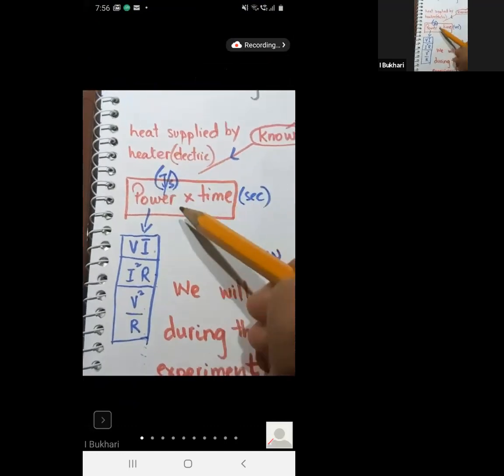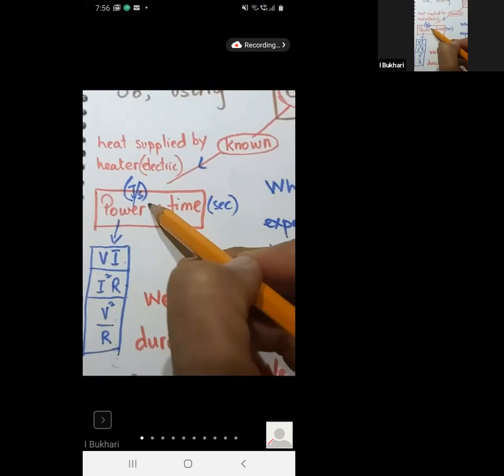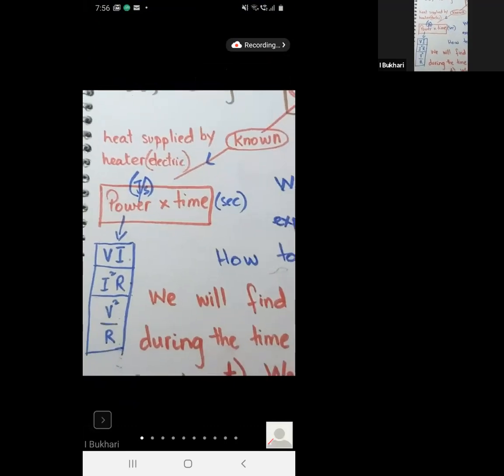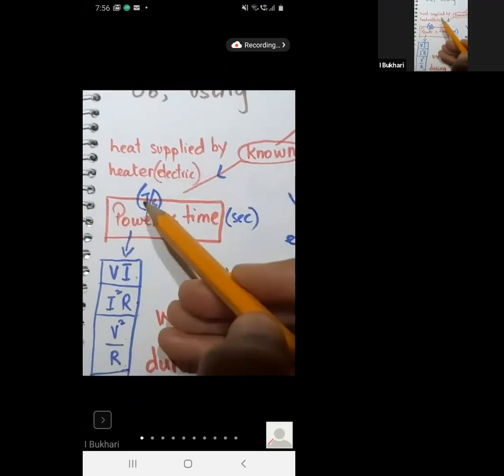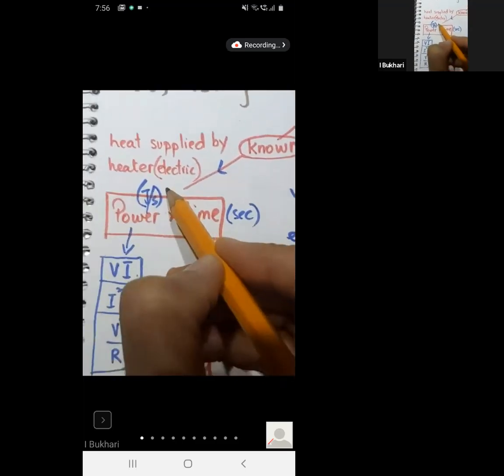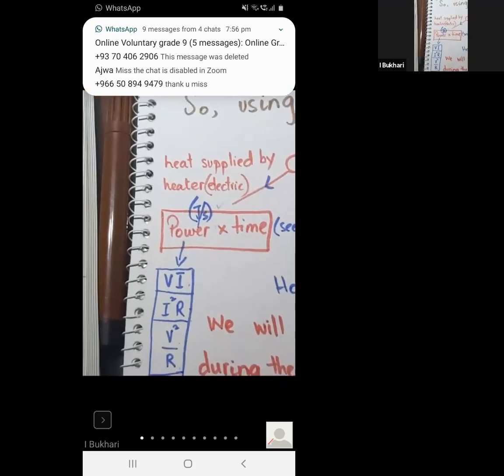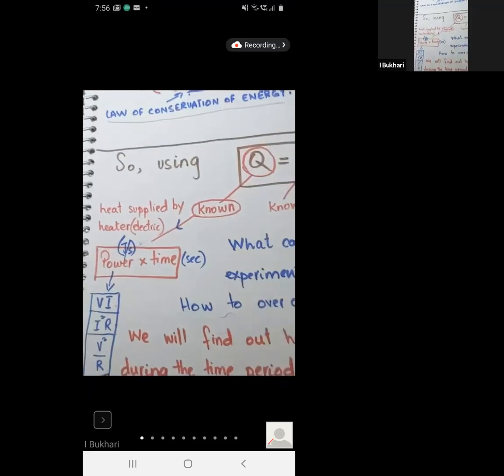Power has two units, watts as well as joules per second. You can use any, they are interchangeable. Numerically they're the same, but you have two different units. Joules per second is correct, and watts is also correct.